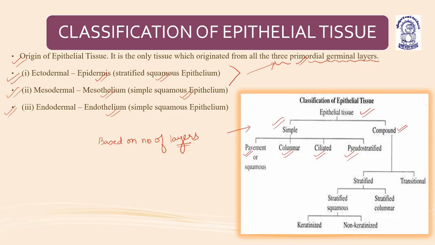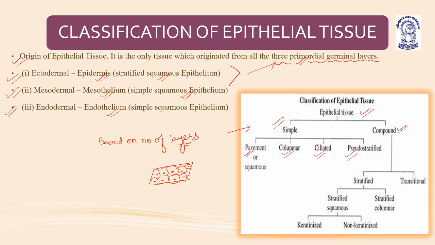and transitional epithelium. Compound means these have multiple layers, with the cells arranged in a stack-like fashion, one over the other. In simple epithelium, the cells have only one layer, like pavement epithelium. If I draw a squamous epithelium like this, it is polygonal in shape.